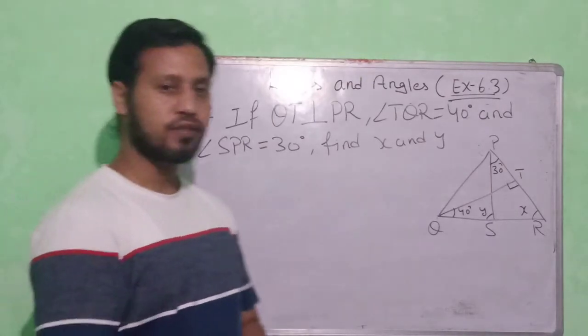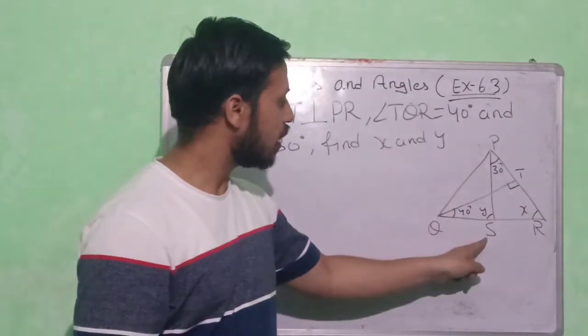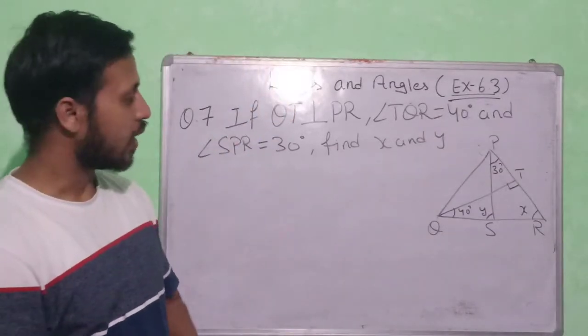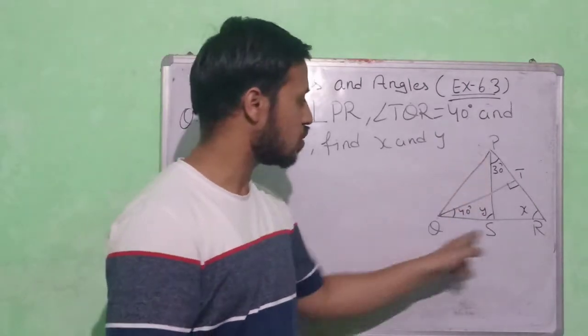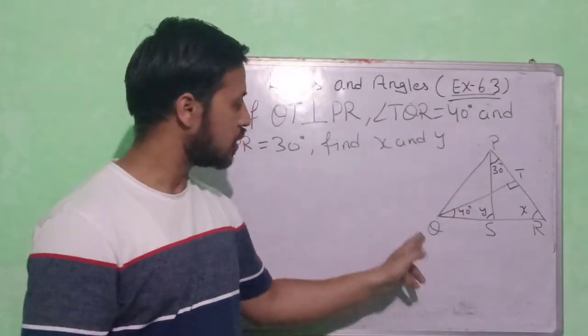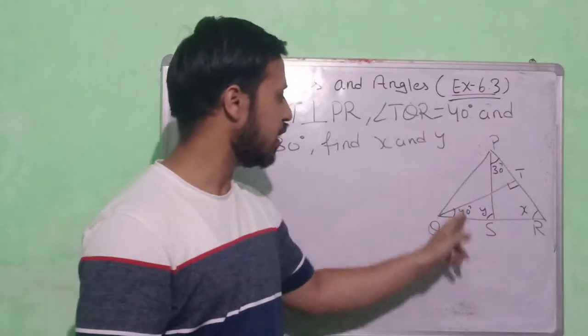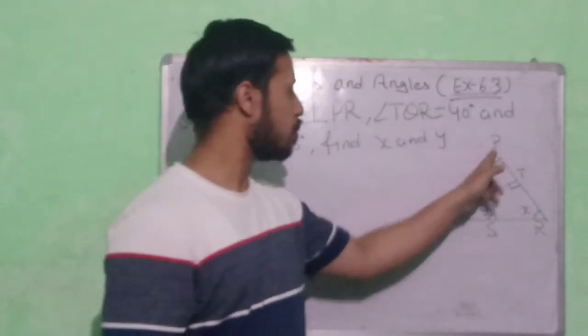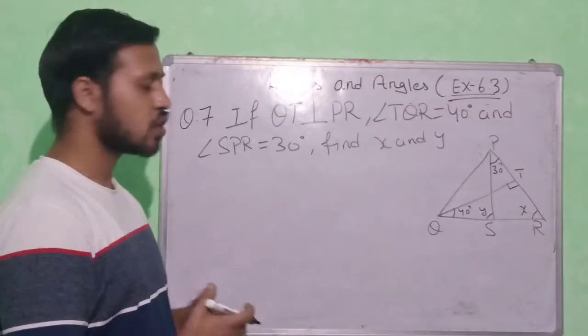This means that we have to find the angle PRS and angle PSQ. Again, we have triangles. This is one triangle PQR, this is second triangle QTR, this is third triangle PSQ, this is fourth triangle PSR. We can use these triangles to solve this question.